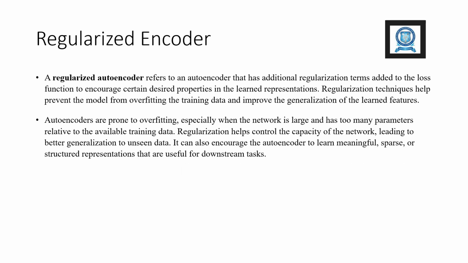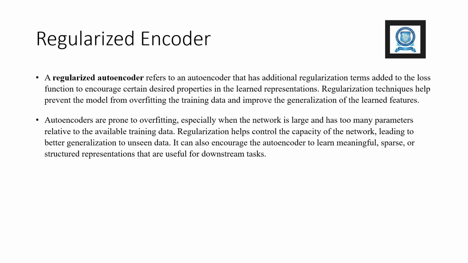Regularized encoder. A regularized autoencoder refers to an autoencoder that has additional regularization terms added to the loss function to encourage certain desired properties in the learned representations. Regularization techniques help prevent the model from overfitting the training data and improve the generalization of the learned features.